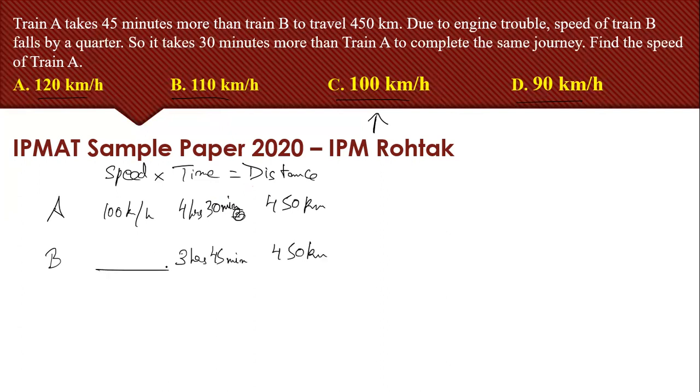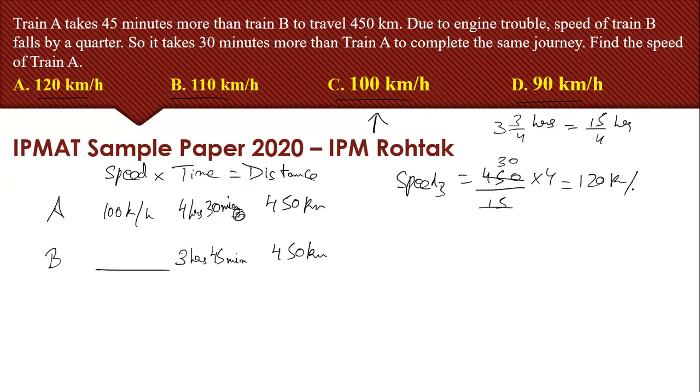Now, how to find speed of B? Speed of B can be found out like this: 450 by 3 hours 45 minutes. 3 hours 45 minutes can be written as 3 and 3 by 4 hours, so it is 15 by 4 hours. 15 by 4 hours will give me speed of B as 120 kilometer per hour.